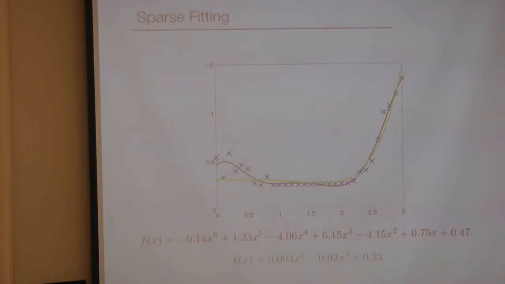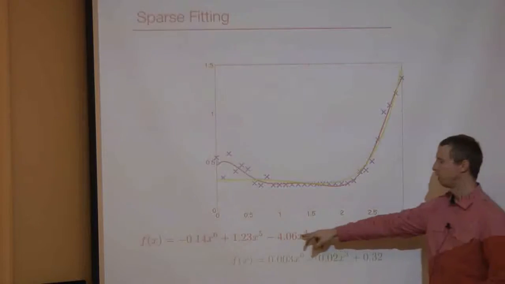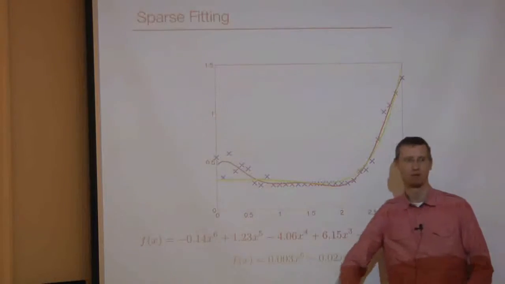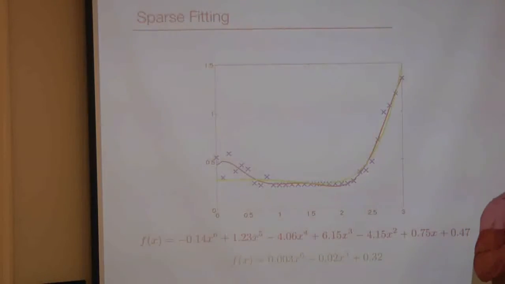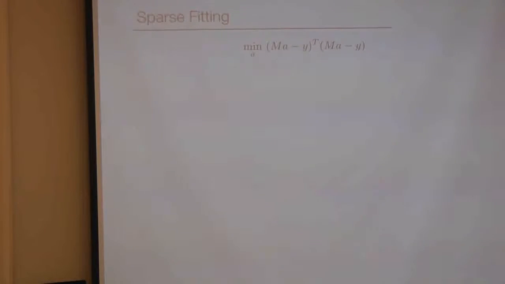Okay? And the way how we find these sparse fits is that we still optimize all of these parameters. So they would be replaced by a's that we are optimizing. But moreover, we do want to get a solution which has a high number of those optimal variables being equal to 0.